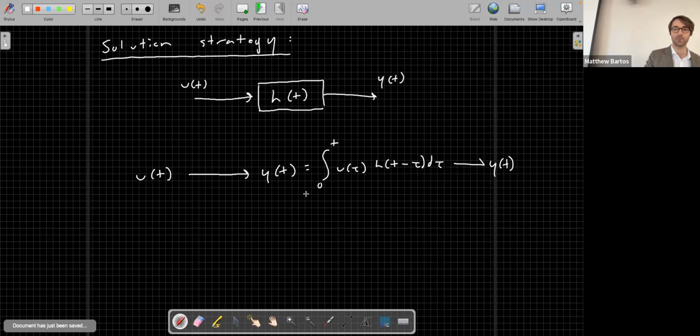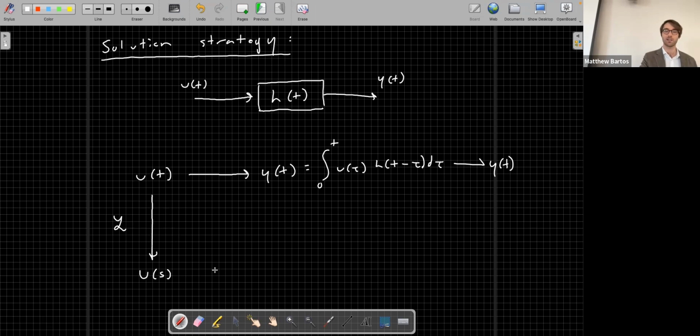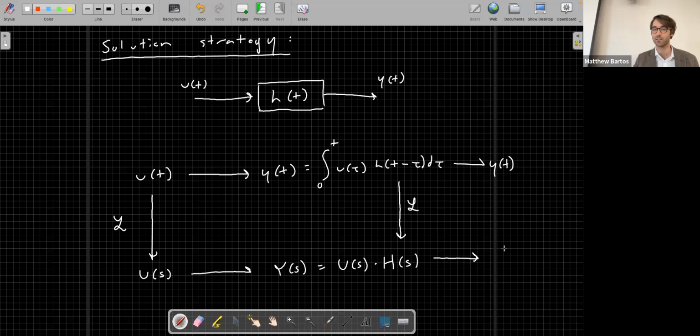Okay, so instead of performing this complicated convolution integral, what we can do is first convert our input to the frequency domain by applying a Laplace transform to the input. We take the impulse response, we apply the Laplace transform to compute the transfer function H of s. And then we can obtain the solution Y of s by simply multiplying U of s by H of s. And that gives us the solution in the frequency domain.